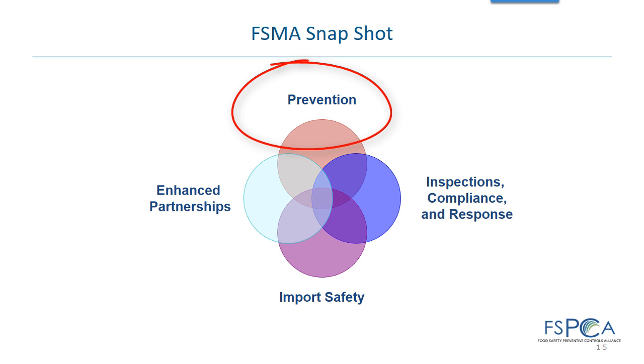Import safety is also a big part of FSMA, making sure that anything we bring into this country is safe. And then enhanced partnership, bringing the communication level up between industry and state and federal regulation, and making that whole communication line more streamlined, with that goal of preventing adulteration.